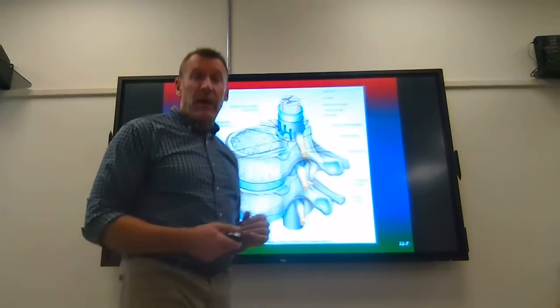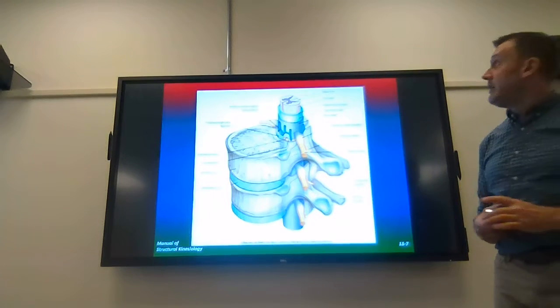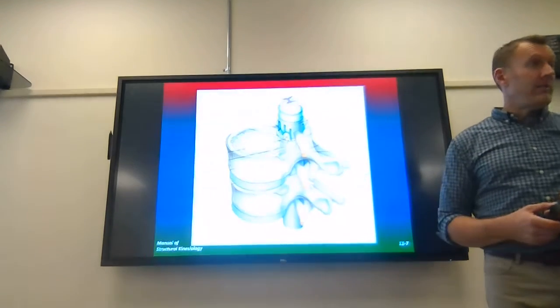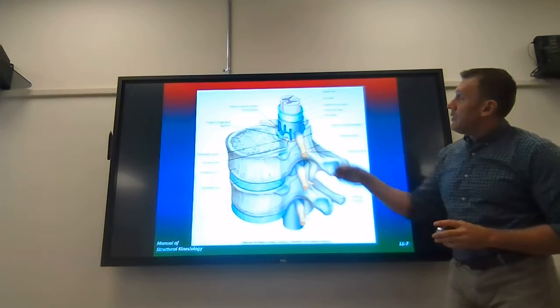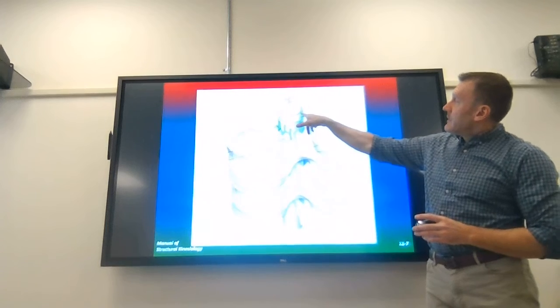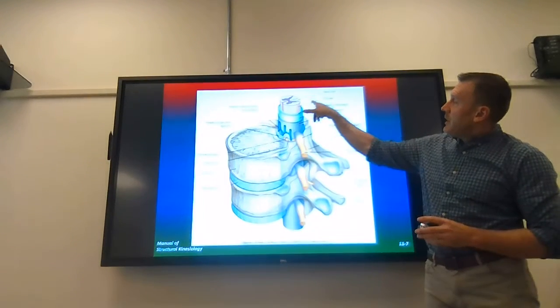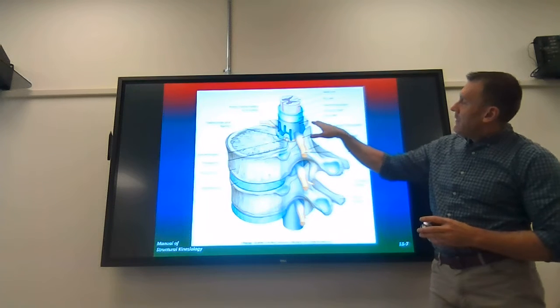Okay, so here's how the spinal cord fits into all of that. The spinal cord, including the brain, is surrounded by 3 layers of connective tissue. Closest to the brain and spinal cord is this layer right here, the pia mater. The next layer out is the arachnoid mater, and then the dura mater.